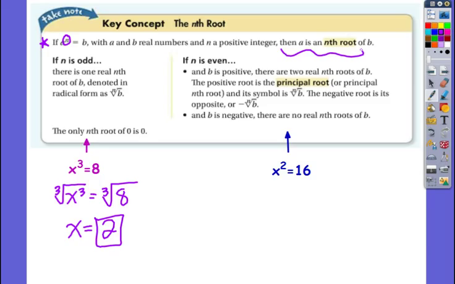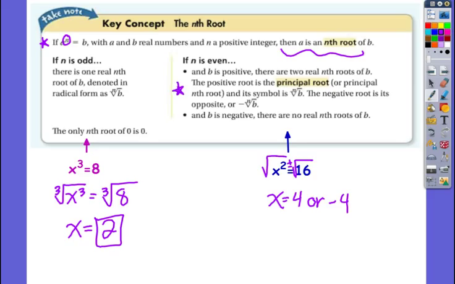If that exponent is even, things are a little trickier. So if I want to solve the second equation, take the square root of each side. Now remember, when you take the square root, you have to put that plus or minus out front. So x should equal 4 or negative 4.